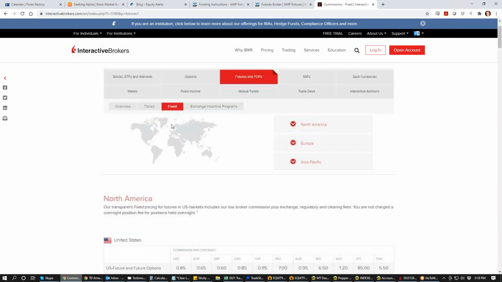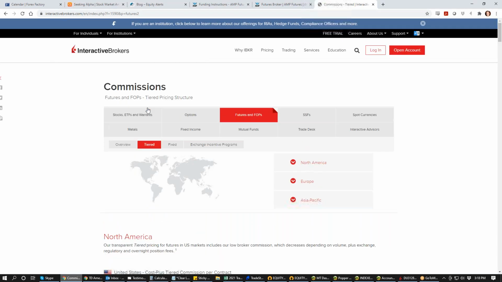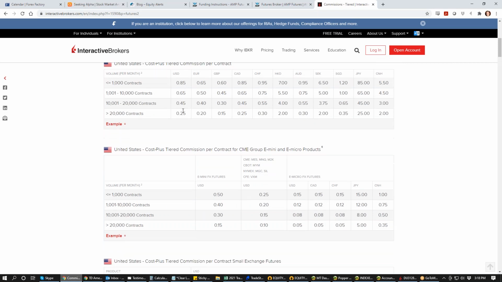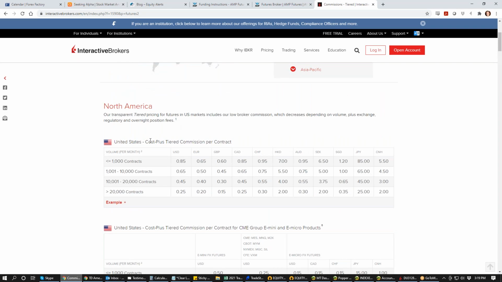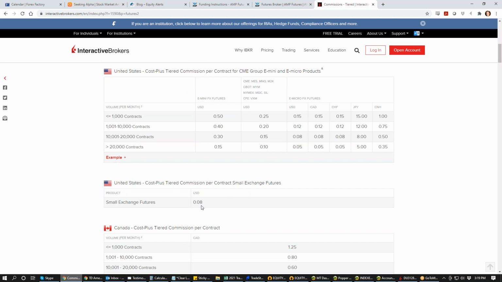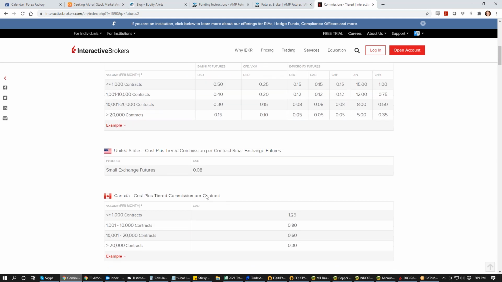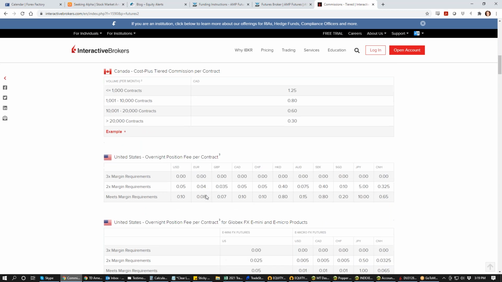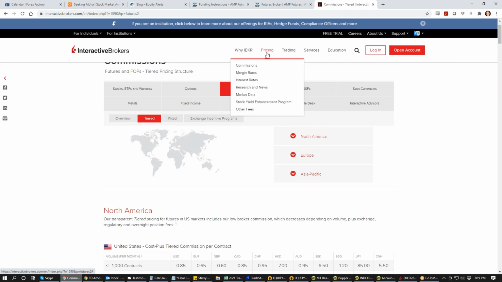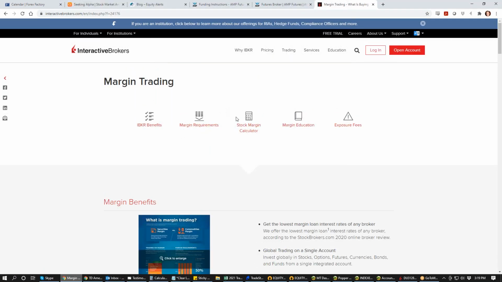Futures. Cost plus tiered commission per contract, 85. Plus exchange fee, 8 cents. That's pretty reasonable. And then Interactive.